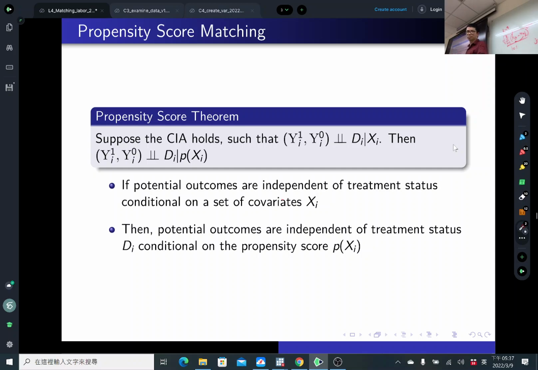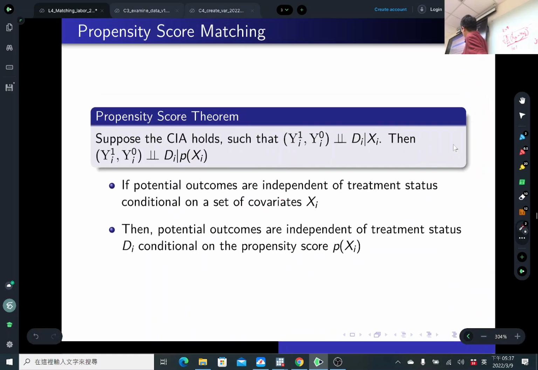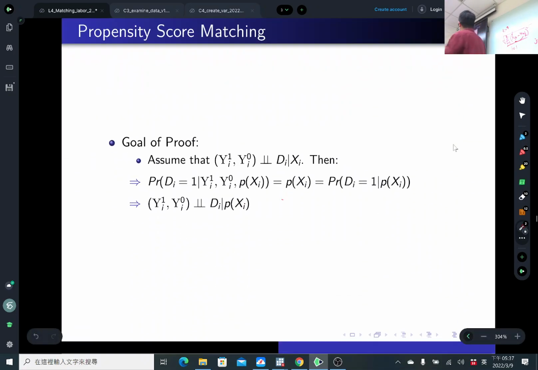Okay. So why is this proof? Why is this true? The goal of the proof is that this condition is given, and we want to show this holds. And why do we want this?